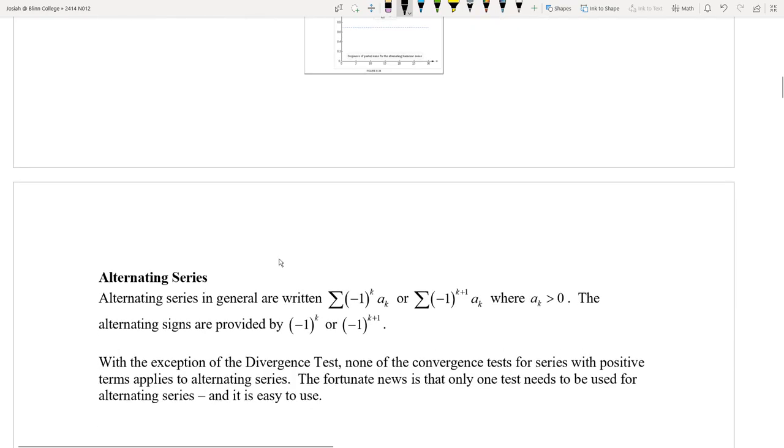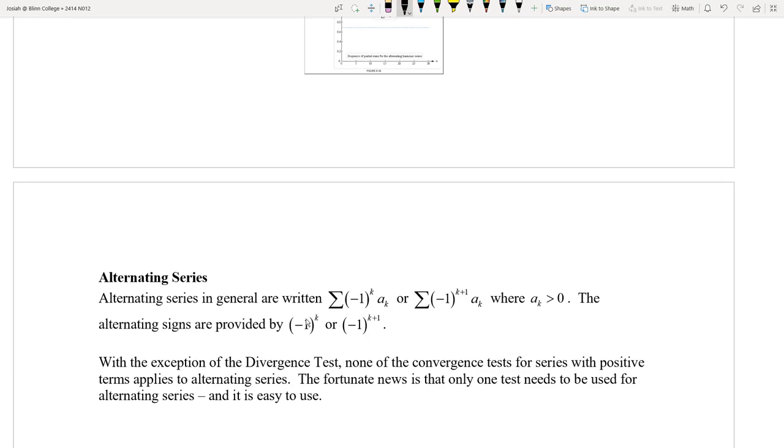So in general, for an alternating series, we're going to look at two different parts of our term. We'll look at the alternating part, -1 to the k, and we'll also look at the rest of what makes our terms here. So alternating series are only going to look like one of these two things. We're either going to have -1 to the k or -1 to the k plus 1.